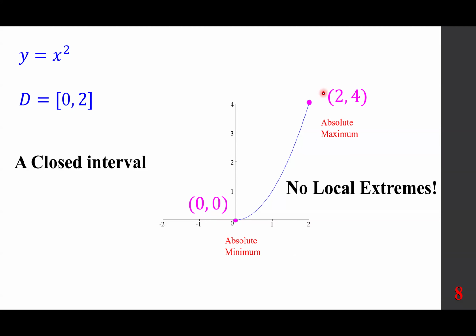And again, if we were to write it, this would say absolute max is equal to 4 at this pair, or at x equals 2, depends upon how they wanted you to write it. So you write it according to the way they ask.